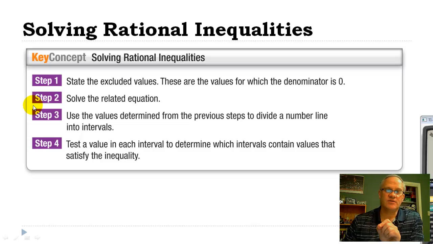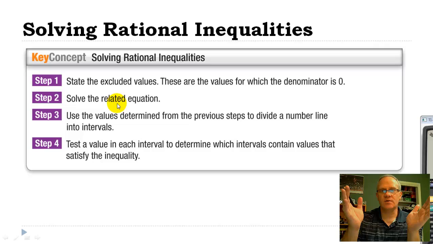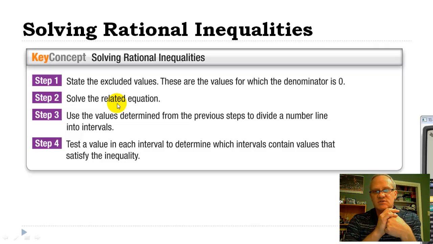That is something we cannot have, so that's a key point, and we're going to make note of that. Then we're going to solve our inequality just as if it was an equation, just like we just did. Then we'll look at a number line where those key points are, and try some sample points and see which one or ones work.